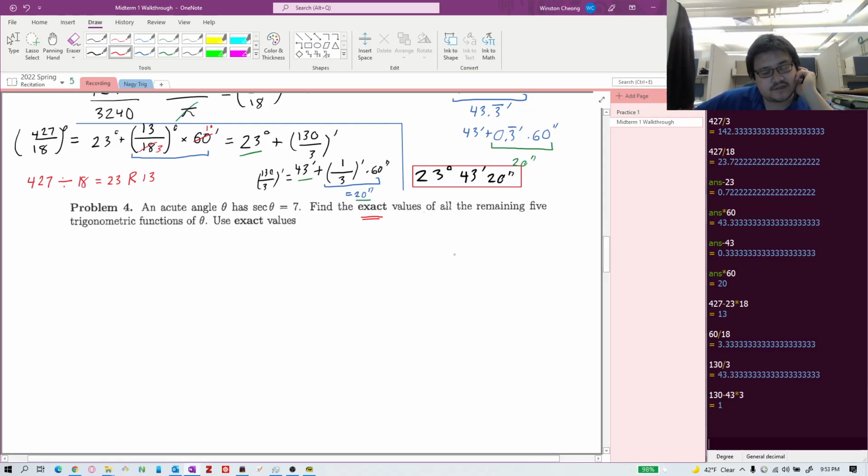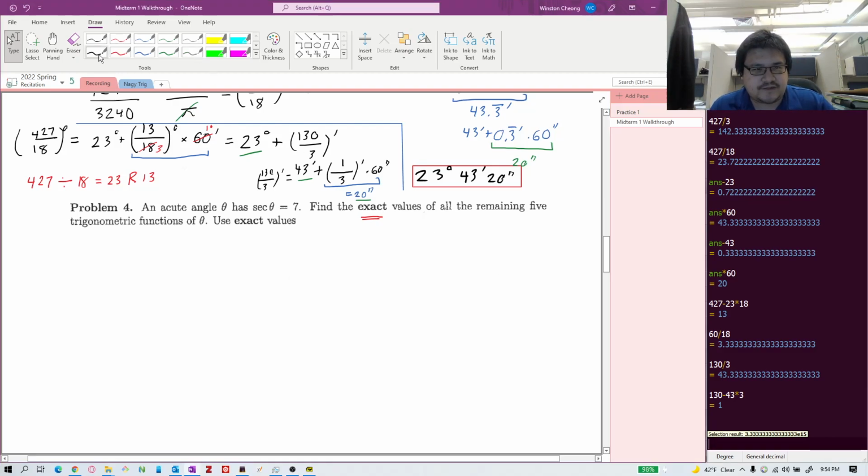If it's asking for exact, it has to be exact. This is still a truncated value. If you have 3 bar, then that is exact, but it's easier to just say this is a third, for example. And I'm guessing with this one, we're going to have a square root somewhere.